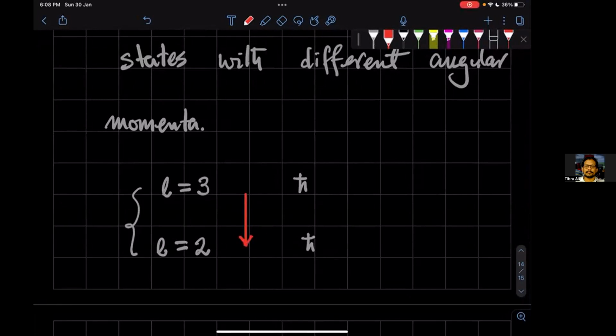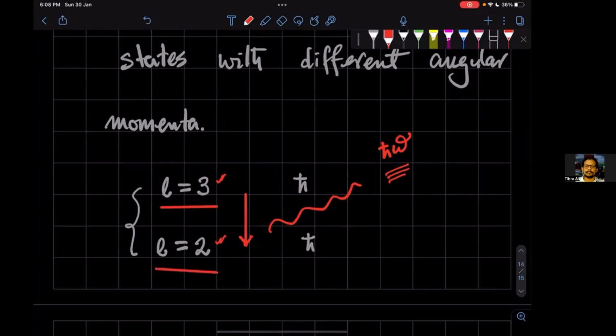That energy is carried away by photons, whose energy is given by h bar omega, omega being the angular frequency of the photon. Now, the intensity of this photon will depend on the angular momentum, because you can show that the number of physical states for L equals 3 is different from the number of physical states for L equals 2.